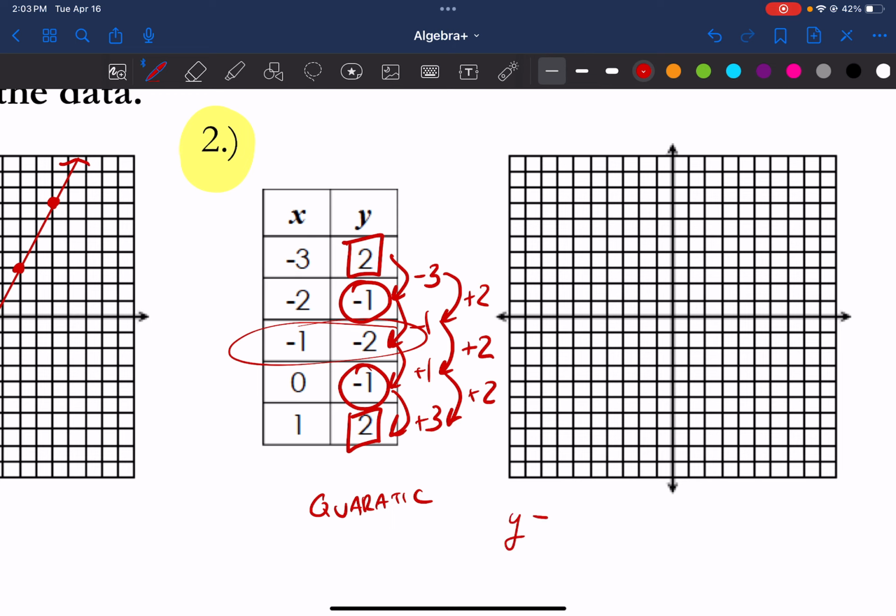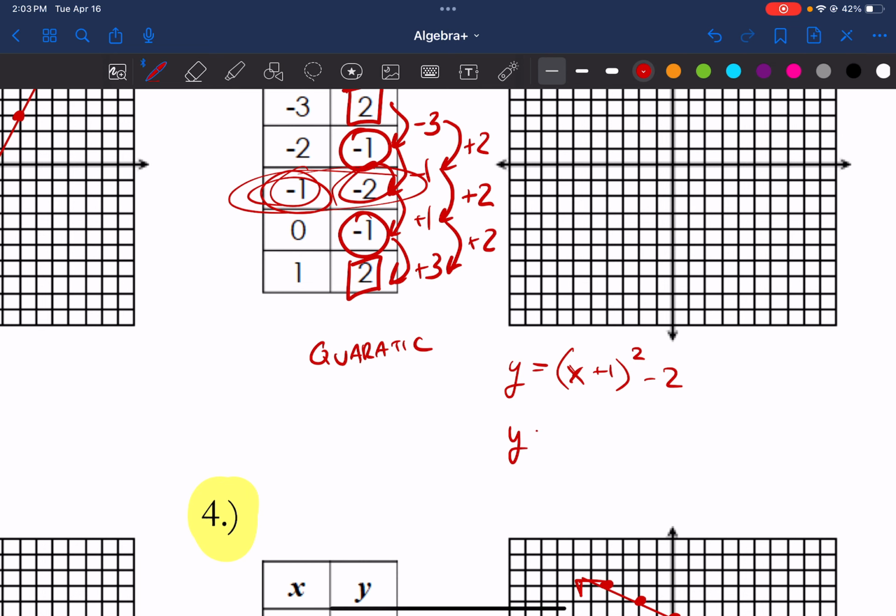You can have your vertex point here. So y equals (x plus 1), not minus 1, squared, minus 2, because it's a negative 2. And if we were to expand this out into standard form, you get y equals x squared plus 2x minus 1, because we FOIL it out, combine like terms, and go from there.